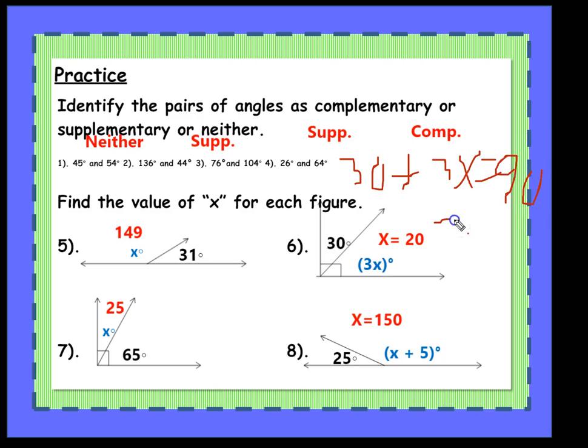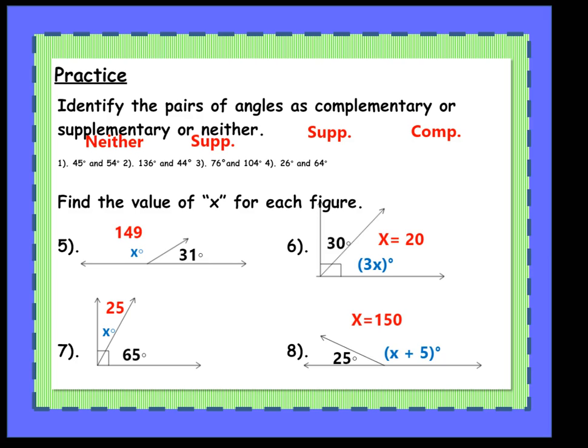Subtract 30 from both sides and you're left with 3x equals 60. Divide by 3 on both sides. Those 3's cancel. You're left with x equals 20. The actual degree measure of that would be 60, because 60 plus 30 equals 90.